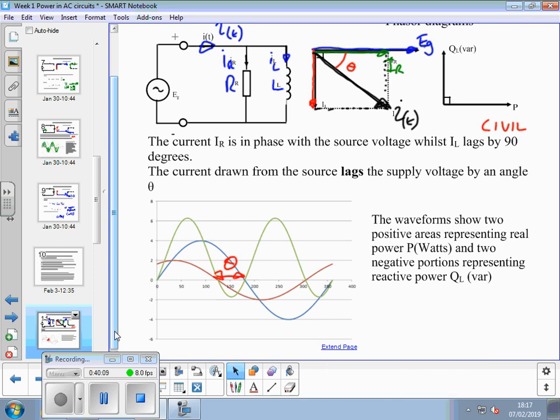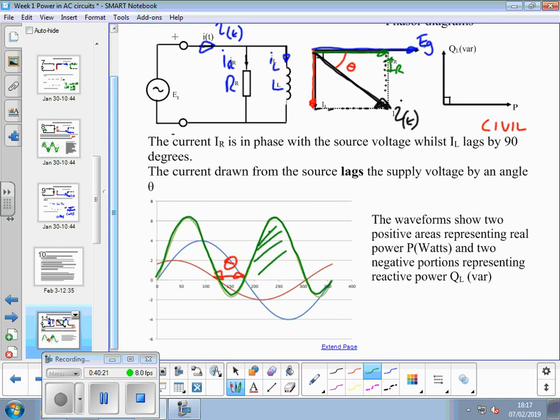We then get a power curve. If we multiply the two waveforms together, that's got, in this case, quite a lot of area above. That is where electrical energy has been converted into useful power.